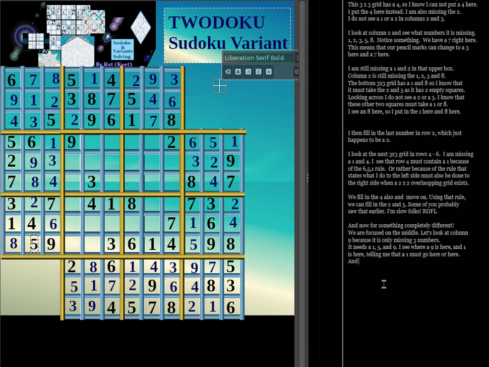And I know that this bottom square of the 2 by 2 grid is missing a 9. The 9 can't go in column 8, but can go in column 7.